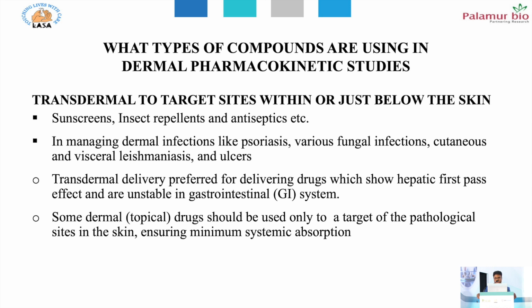So these drugs remain topical, and similarly, once you administer any drug systemically, the drug need not reach the dermal sites, or even if it reaches, you need to administer more to reach the skin level. So there should be a drug delivery system which targets the topical or skin level. That is why dermal pharmacokinetics is very important.